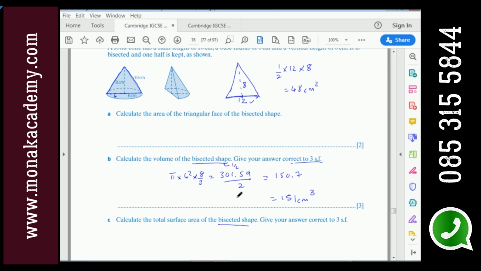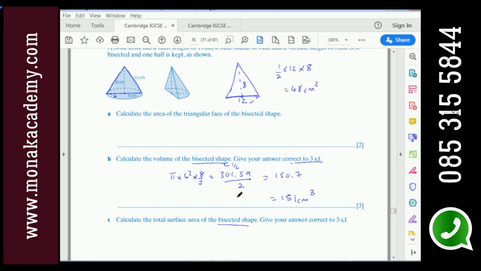Okay. How many sides does that shape have? 3. Okay, which one and which one and which one? The triangle, and then the curved part, and then the flat one. So it's not sitting down.